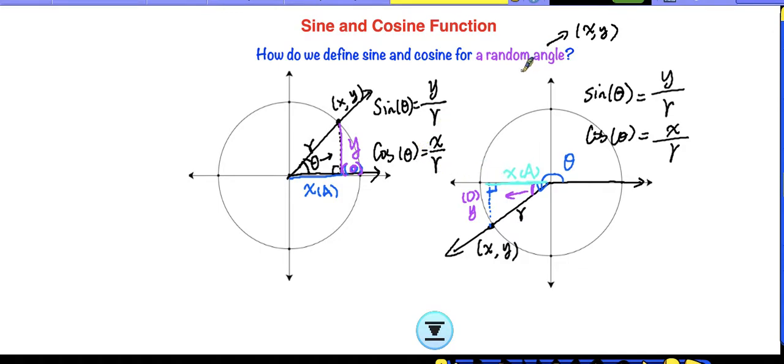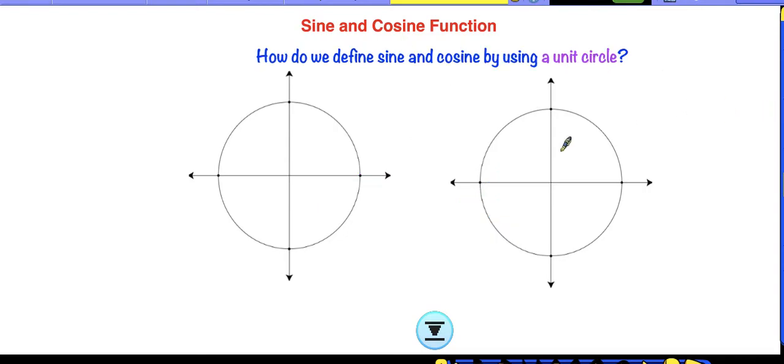But some students might say, hey, you mentioned the unit circle before. How do we use it? Very good question. In the unit circle, the only difference is that we still draw a random angle, but the radius of the circle is not just r, we know it is 1.